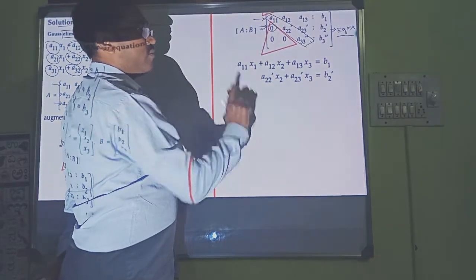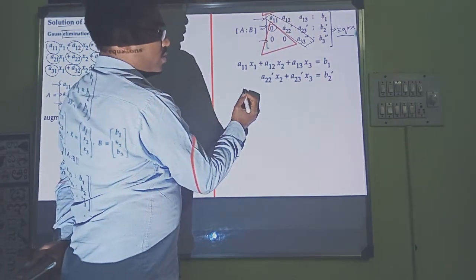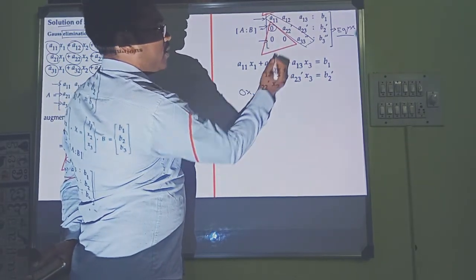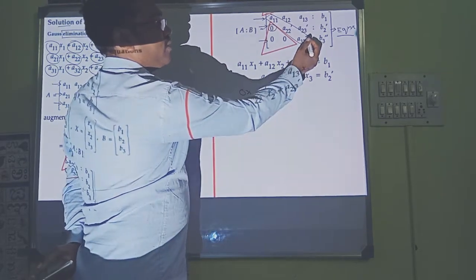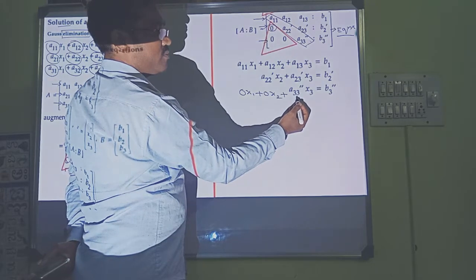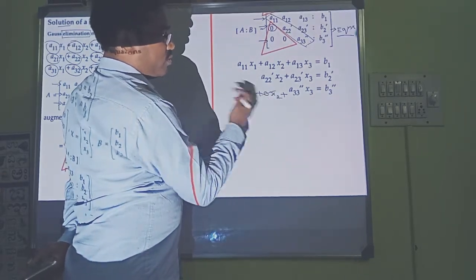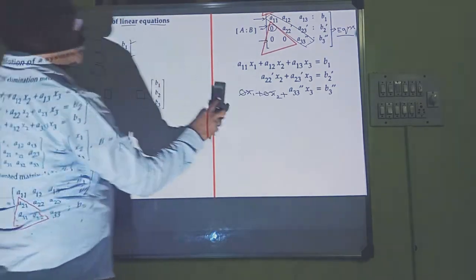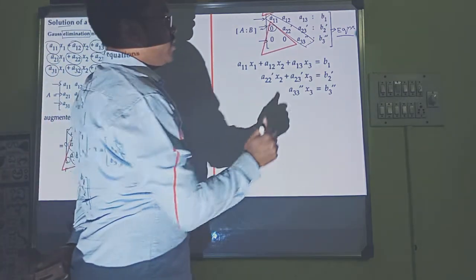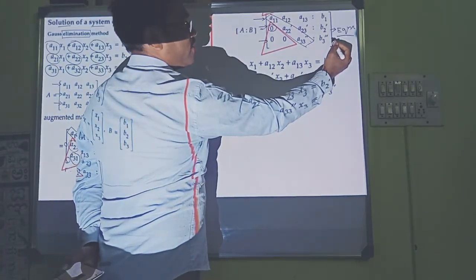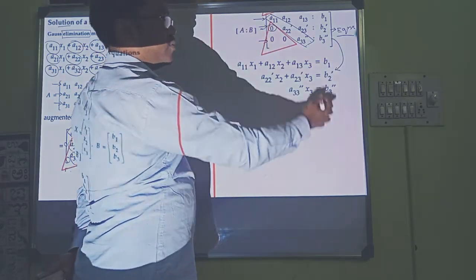When you come to the third row, 0 into x1 plus 0 into x2 plus a33 double dash x3 is equal to b3 double dash. Anyhow this is 0, this is 0, no need to write. So what have we done? We have converted this matrix in terms of equations.